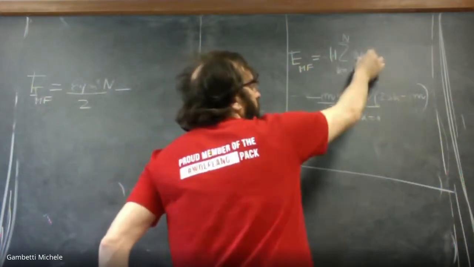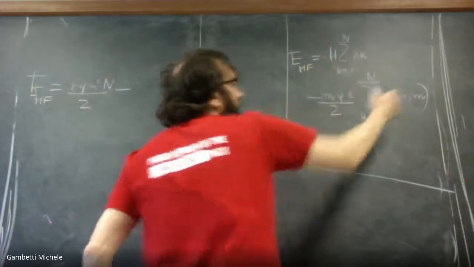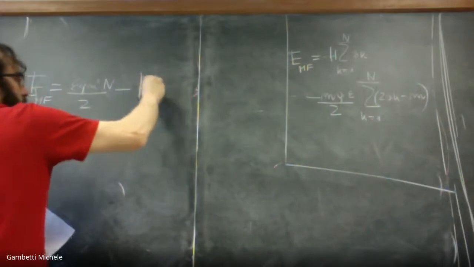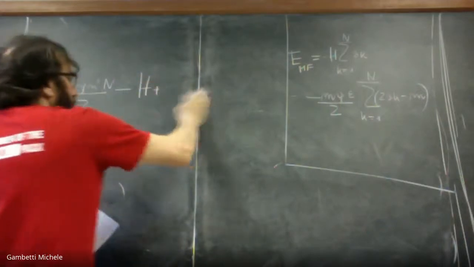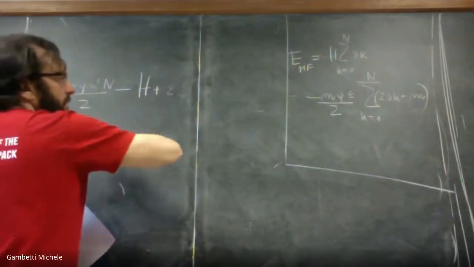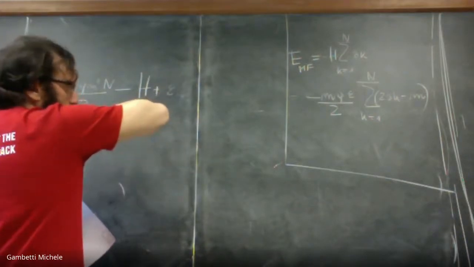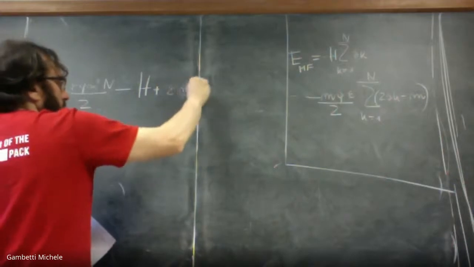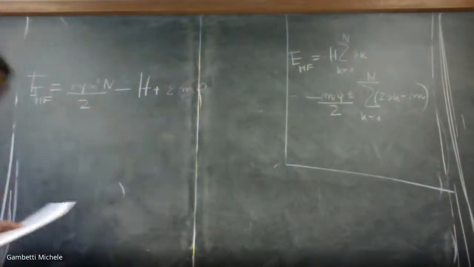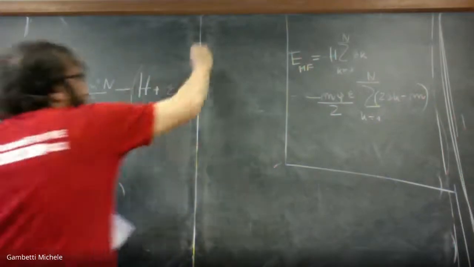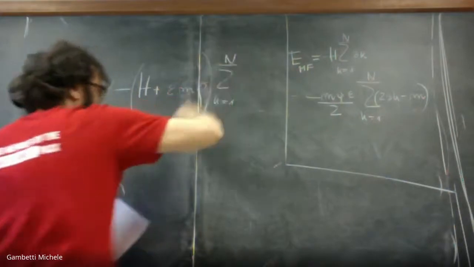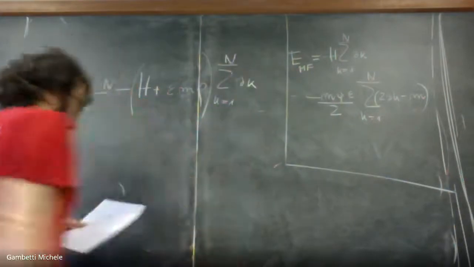So I have the sum from 1 to n of Sk. I can collect these two terms in a unique term, which has a prefactor h plus m q epsilon, and here you have the sum from k=1 to n of Sk.